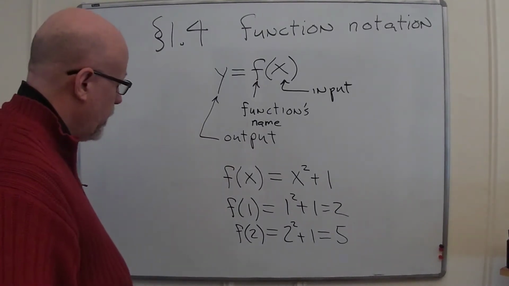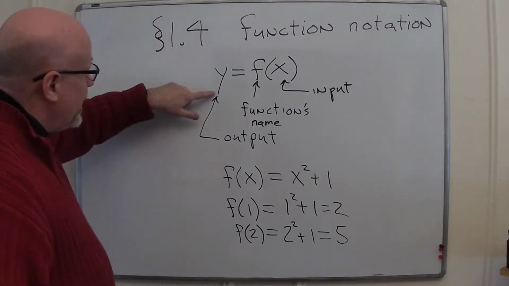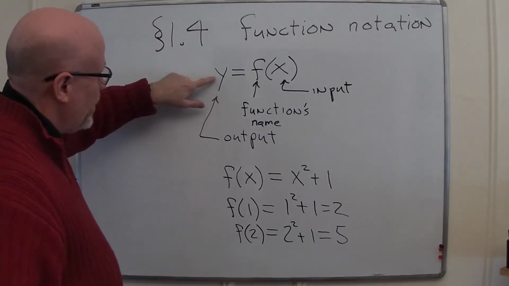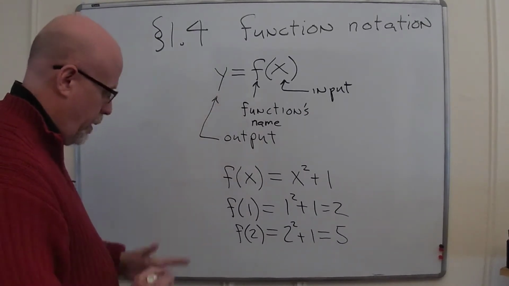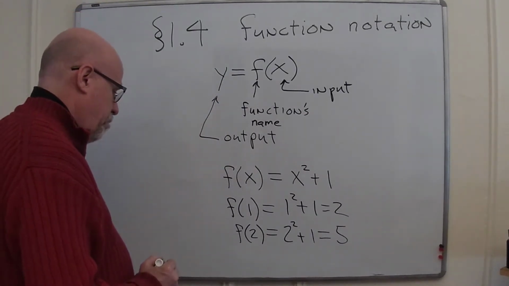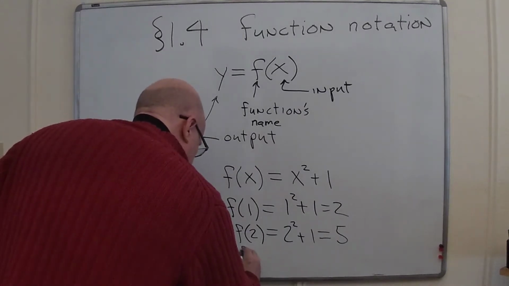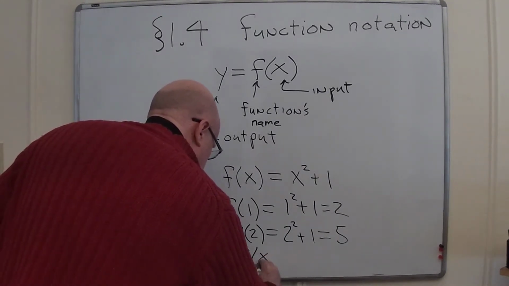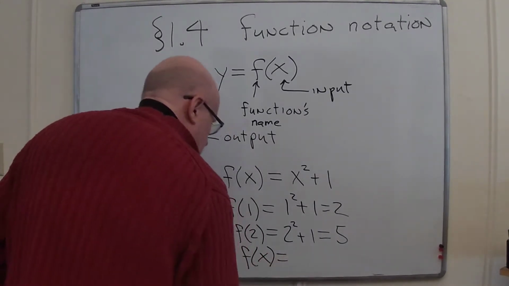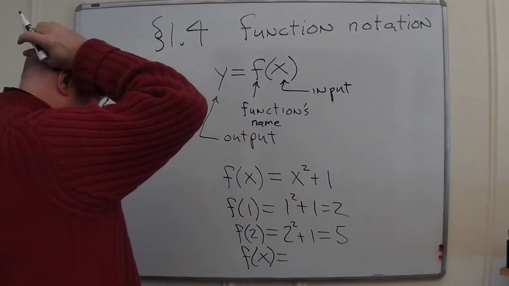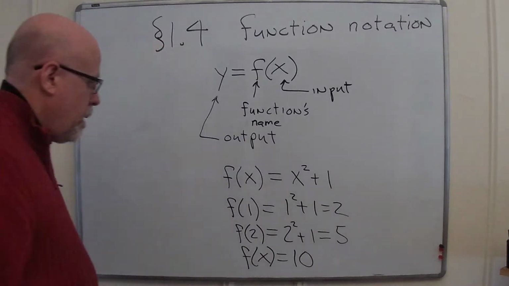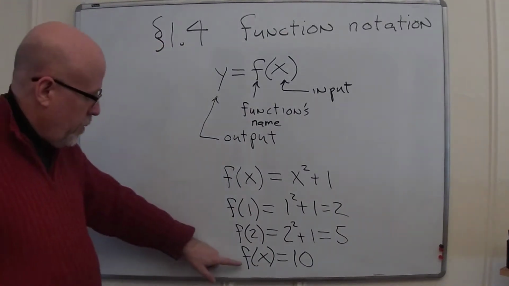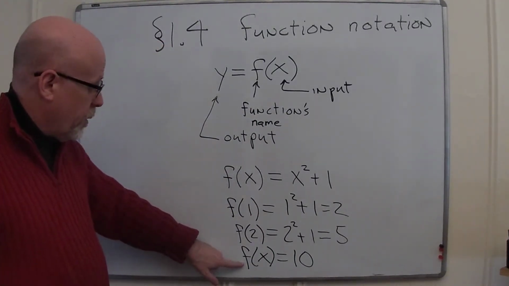There's actually a different thing that you can do, which is ask what x value in a function gives you a particular y value. That looks like this. Suppose you have f of x is equal to, let me do a quick one here, 10, say. In that case, we have to do what's known as solving for x.